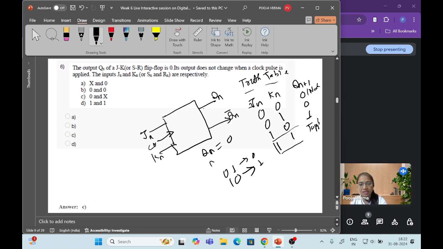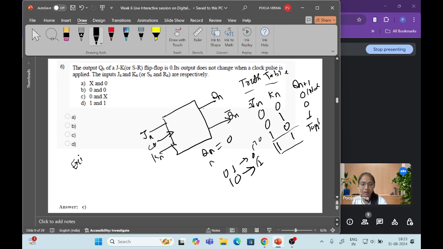From the excitation table you can also check. In case of 0 1 or 1 0, it will not change the output. If already the output is 0 and then the clock pulse is applied, in any case it will be 0 only.